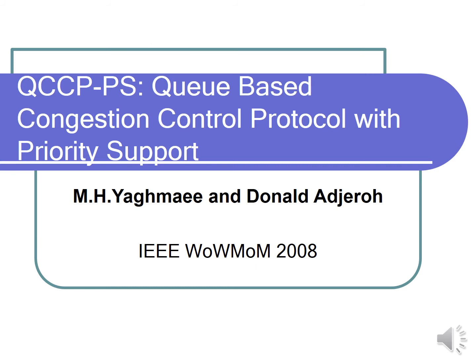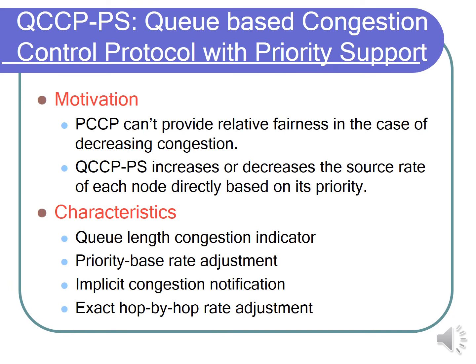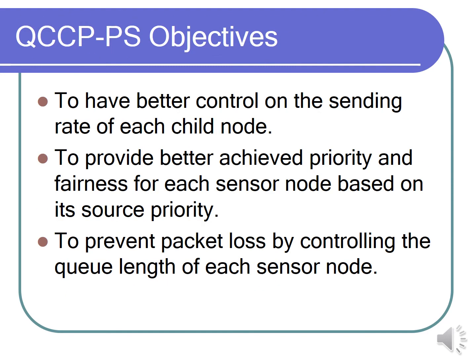QCCP-PS: queue based congestion control protocol with priority support. The motivation is that the earlier protocol does not provide relative fairness in case of decreasing congestion. It uses a queue length congestion indicator, priority based rate adjustment, implicit congestion control notification, and exact hop-by-hop adjustments.